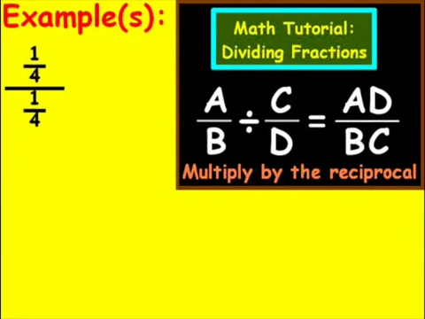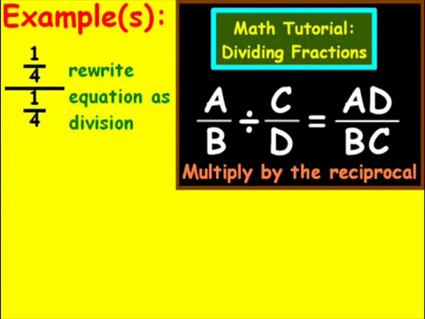Take a look at the first one. Okay, in this first example, I have a fraction of 1/4 divided by 1/4. And what we want to do is rewrite this equation as division.